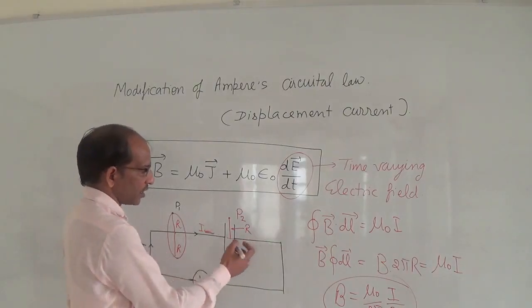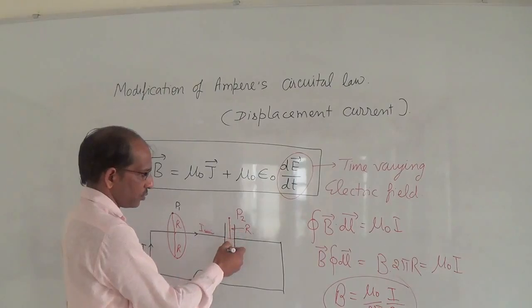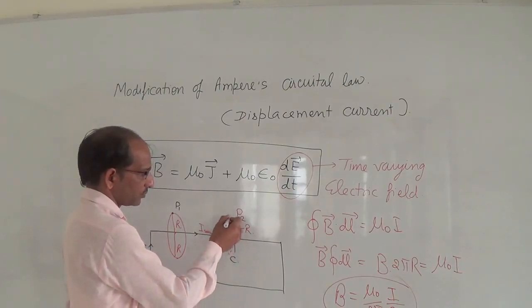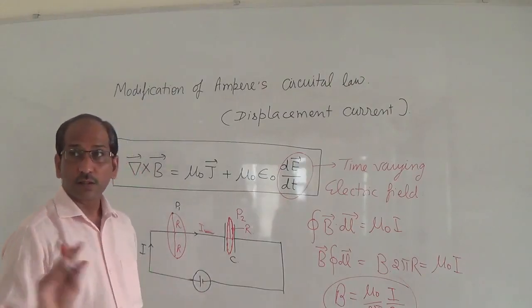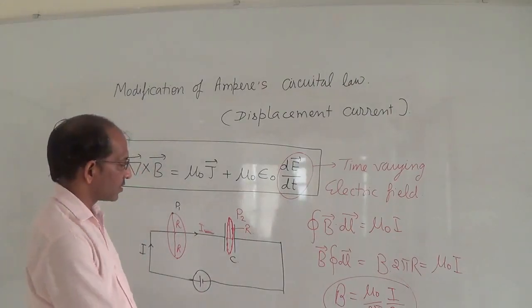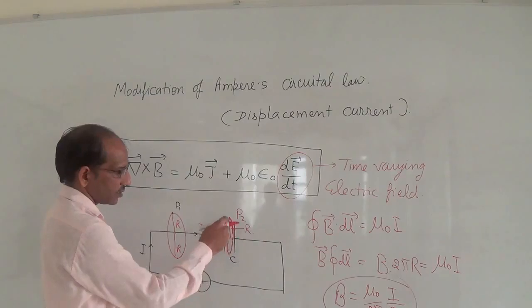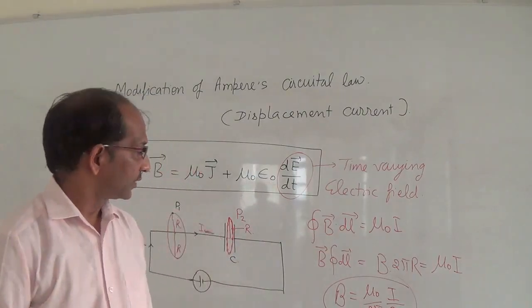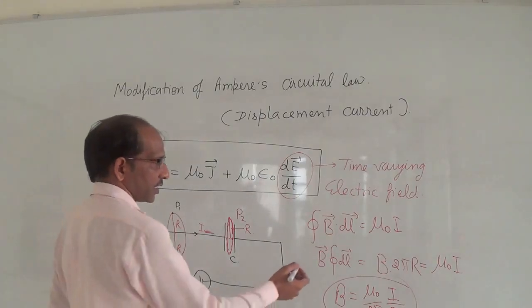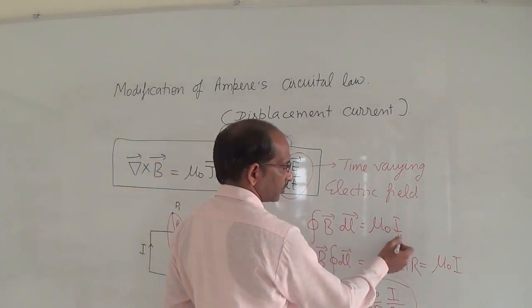According to Ampere's law, there is no current bound with this closed loop. If somehow I draw the closed loop through this distance, then the enclosed current is 0.